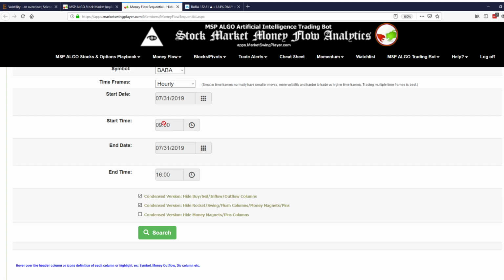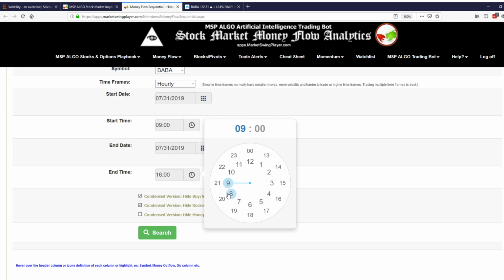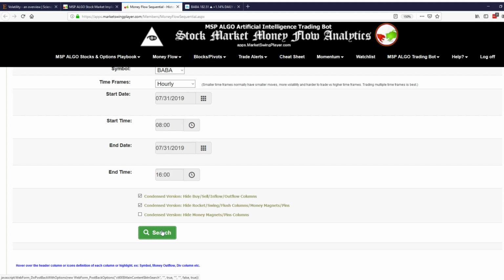When you're using an hourly, you normally want to go 0 to 0, 9 o'clock to 1600. That way you have even hours. Or if I was using an hourly, I'd probably go with an 8 o'clock. That way I could have one time frame before that open.